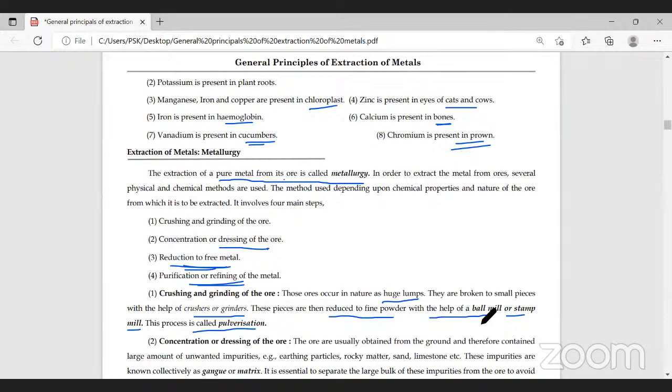That's ball milling or stamp milling, applying pressure to crush the ore into a fine powder. Both are called pulverization. So the first step is crushing the ore into small pieces using a crusher or grinder, and then subjecting it to ball milling or stamp milling to make a fine powder.